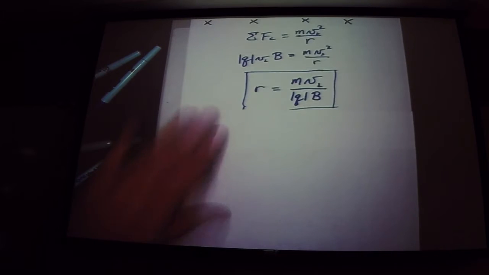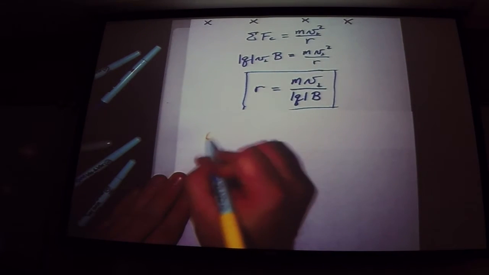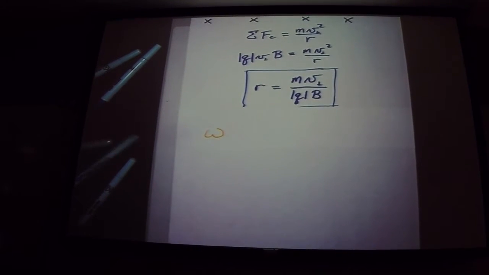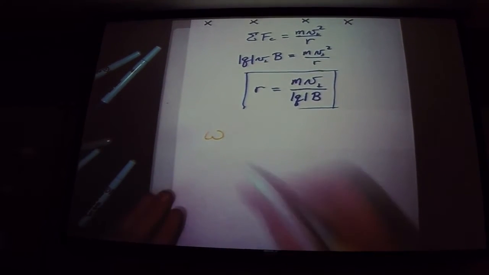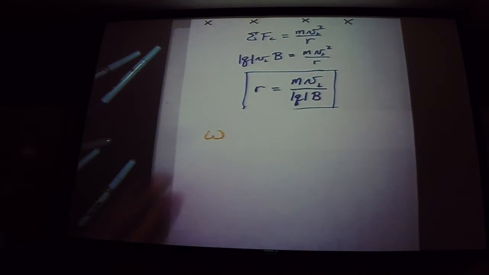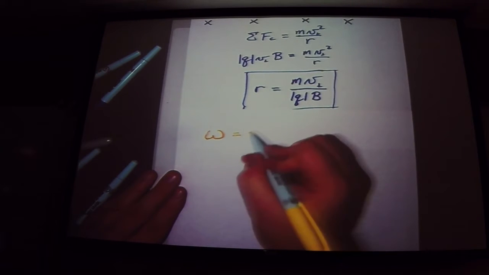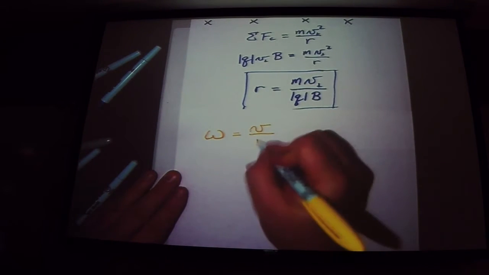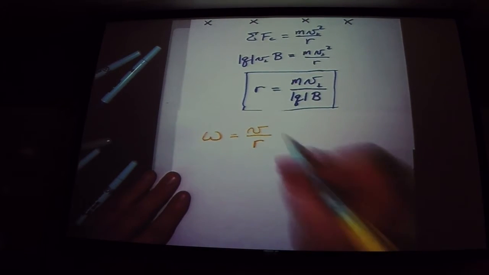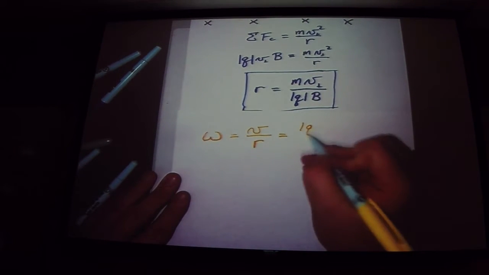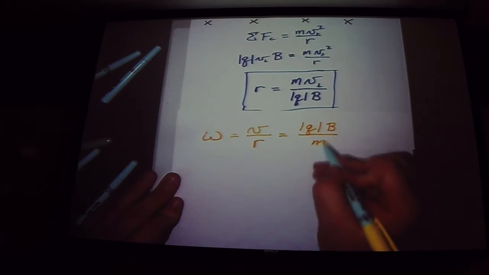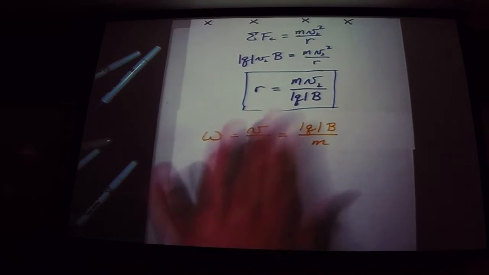So the angular velocity omega, or also what they call the angular frequency, is equal to the velocity divided by that radius, which is qB over m. So it's just another way to solve for that.